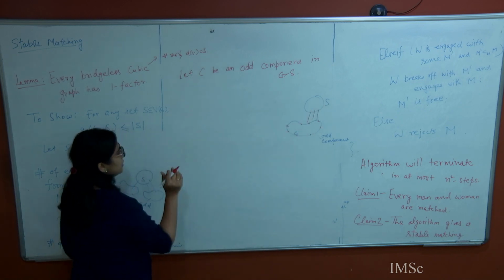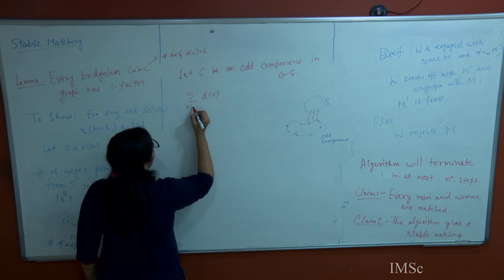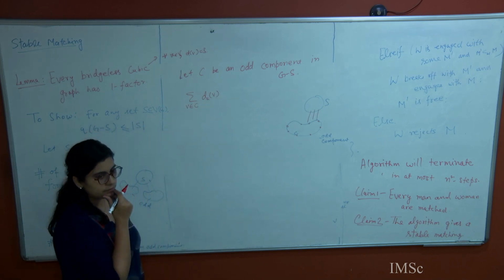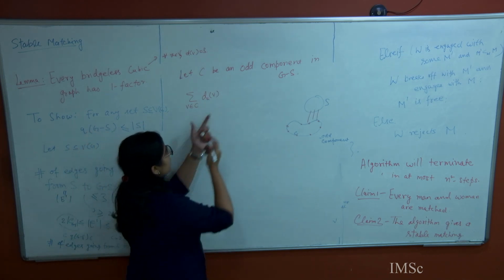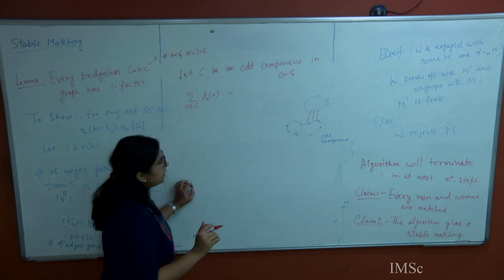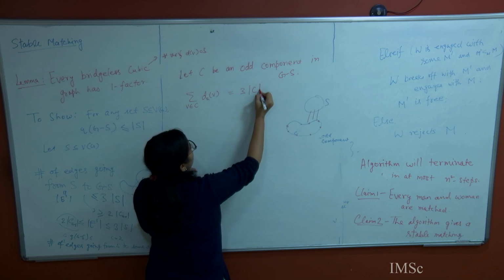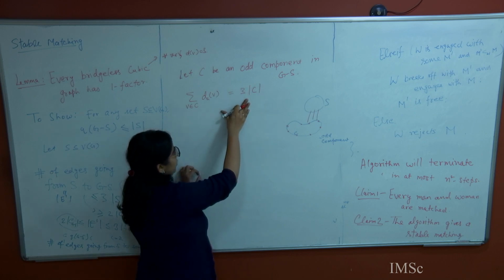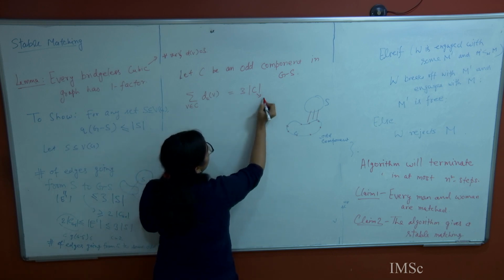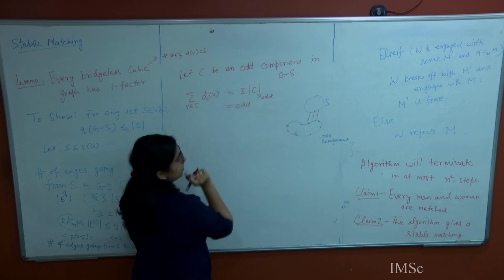So let's look at the degree sum for all the vertices in C, in G. It will be odd, because every vertex has degree exactly 3. So 3 times cardinality of C, since every vertex has degree exactly 3 and the total number of vertices is cardinality of C. Now this is also odd, right? So this means this degree sum is odd.